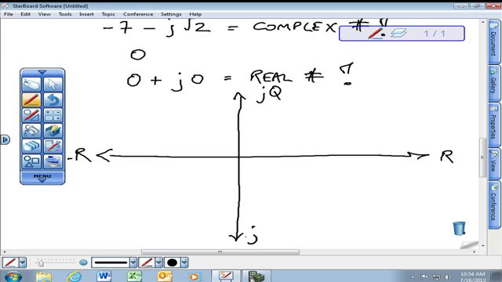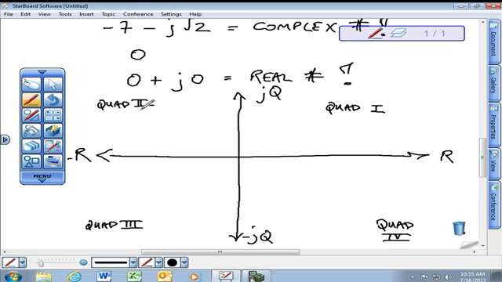And so, of course, this is going to be a negative jq. All right. We also are going to label our quadrants. So we have quadrant 1, quadrant 2, quadrant 3, and quadrant 4. Always in this order. 1, 2, 3, 4.